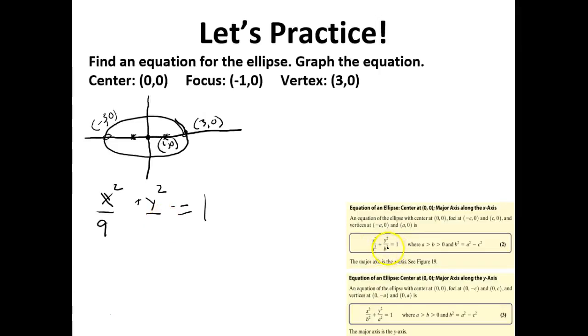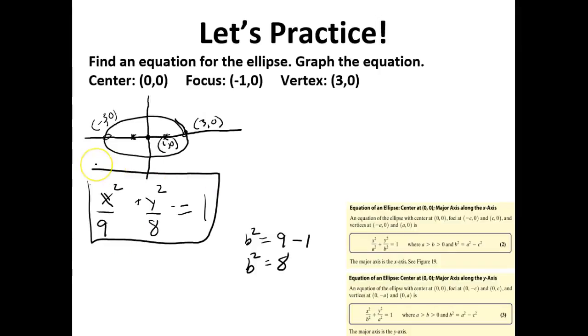The b squared comes from the a squared, which is what's underneath here, so 9 minus the c squared. C comes from the foci, which is negative 1, so minus 1, negative 1 squared is 1. B squared is going to equal 8. And b squared is what's supposed to go under there, so I can just leave it like that. And there I have the equation for the ellipse.